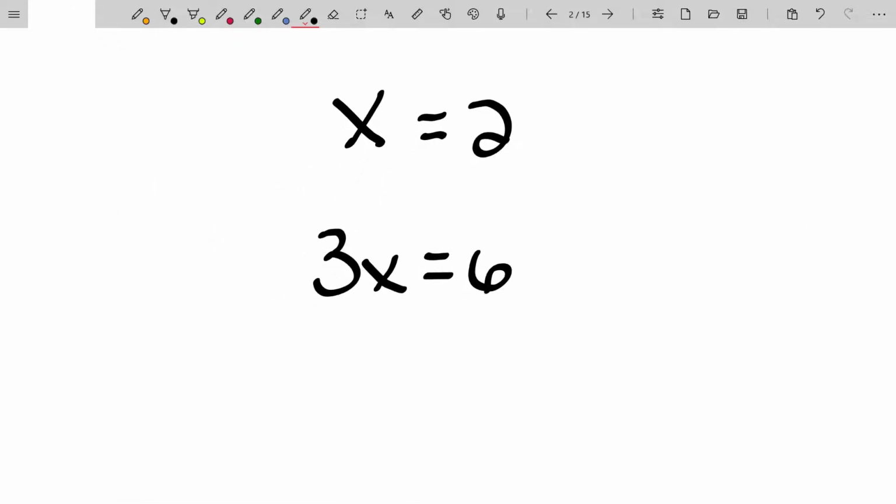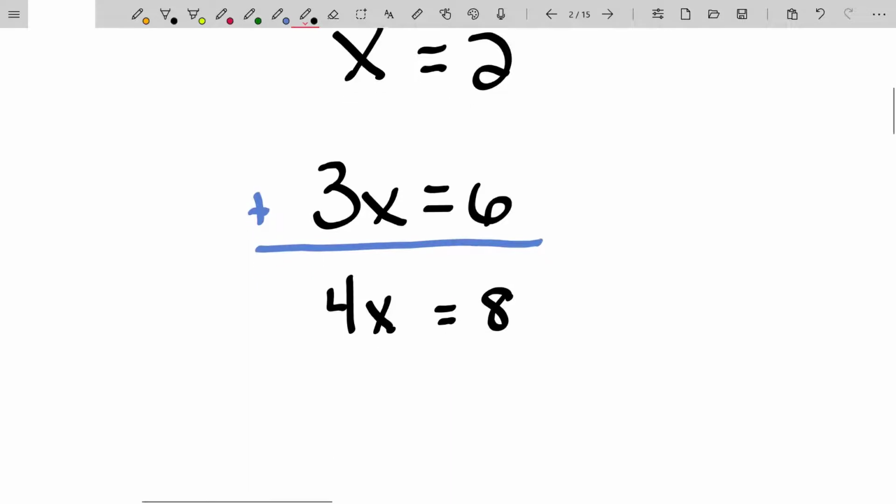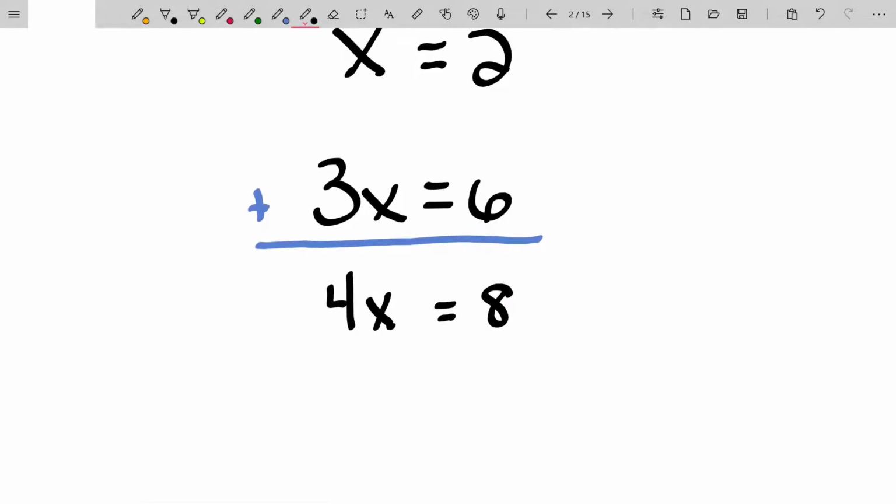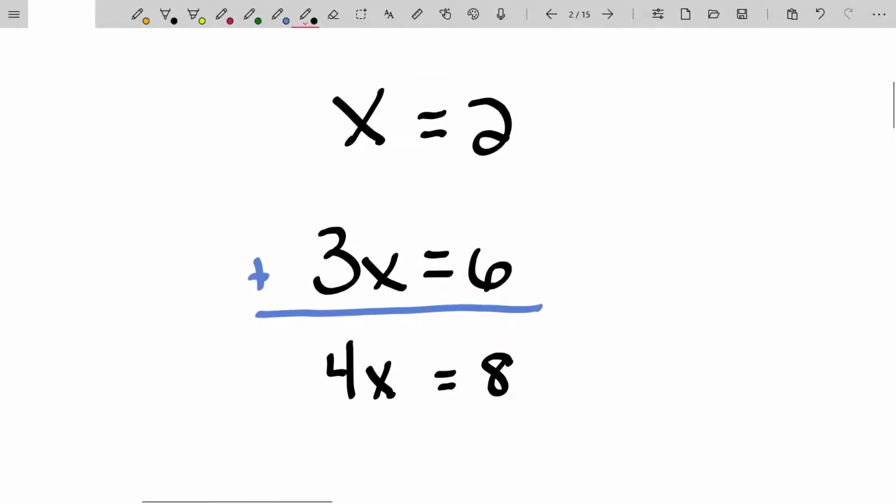You have two equations, they have the same solution. If you add those two equations up, let's go ahead and I'll use blue and add those up. The resulting equation that you will get is 4x is equal to 8, which, by the way, has the same solution as the two equations above, x equals 2.